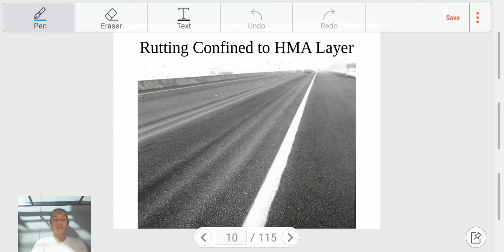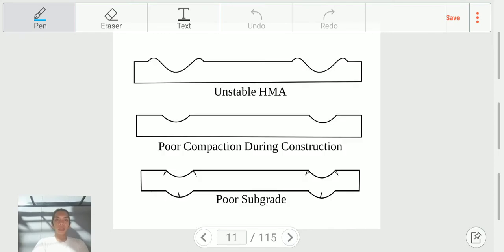There is no crack, but there is a failure. The road sinks like this. In our HMA failure, we have unstable subgrade and poor compaction during construction. This is one of the possible failures of our road construction.